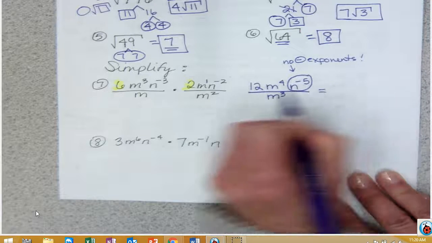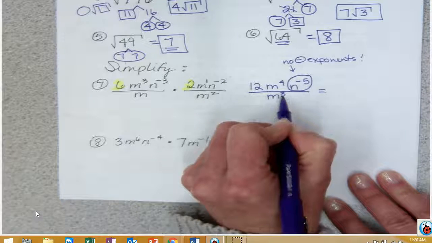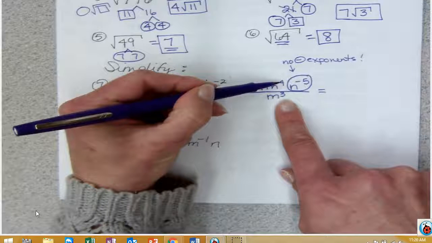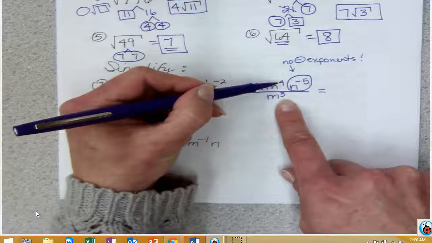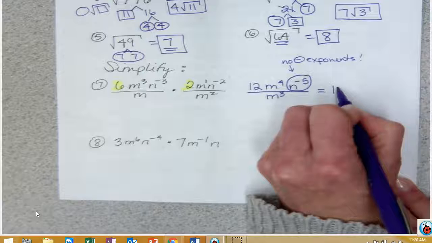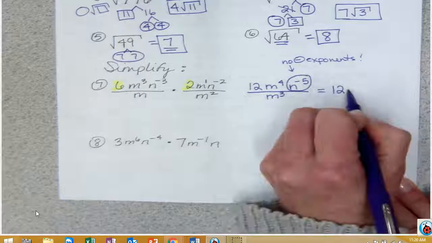So m to the fourth divided by m to the third, that bigger number is going to win. So we're going to subtract our exponents, and the one that is bigger is going to stay up there. In this case, the 4 is bigger, so we get 12. The 4 is bigger. 4 minus 3 is 1.